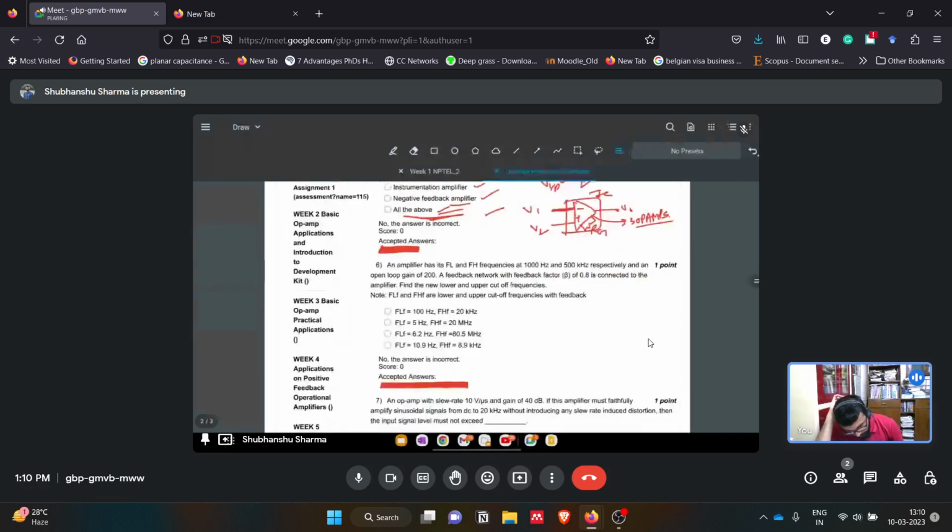Then there is a question: an amplifier has its FL and FH frequencies at 1000 Hz and 500 kHz respectively. So they are saying FL, the lower frequency, is 1000 Hz and FH is 500 kilohertz, and open loop gain is 200.